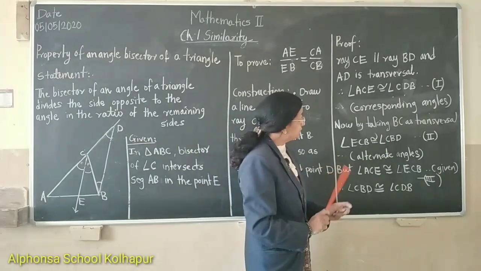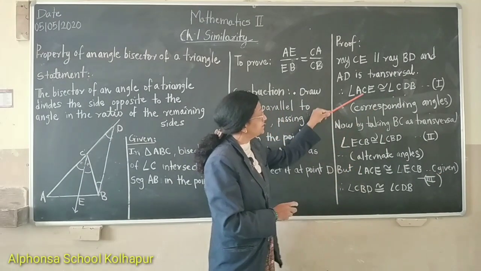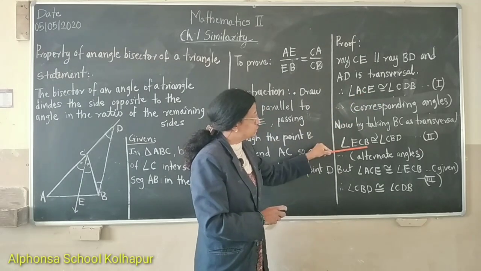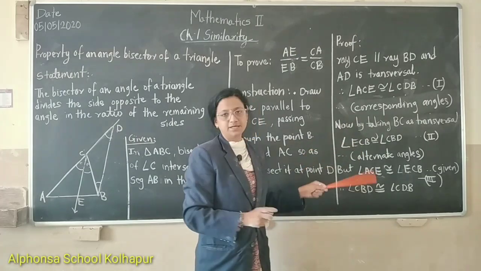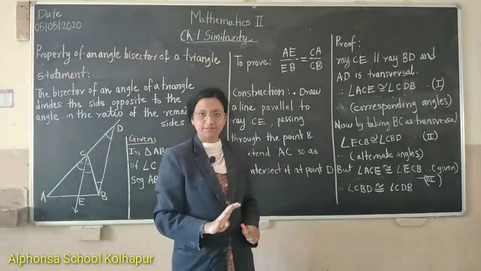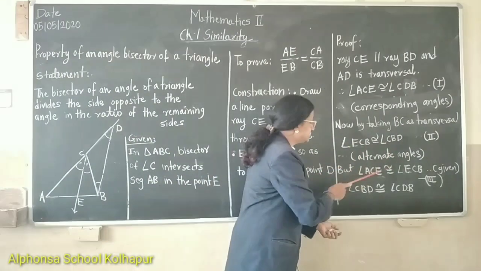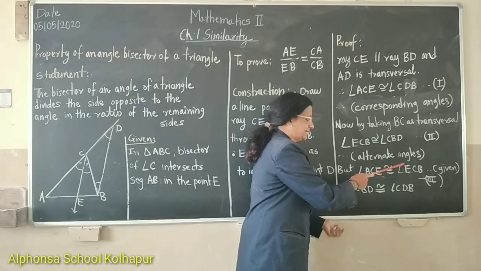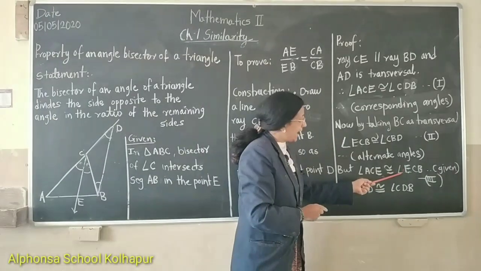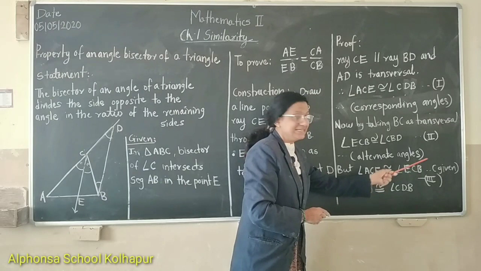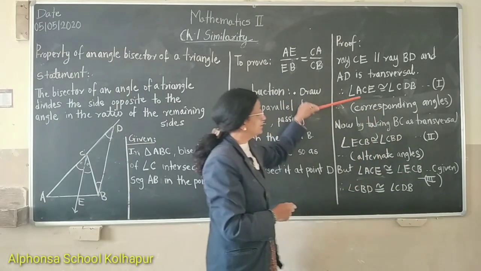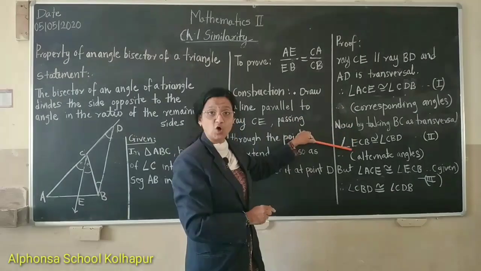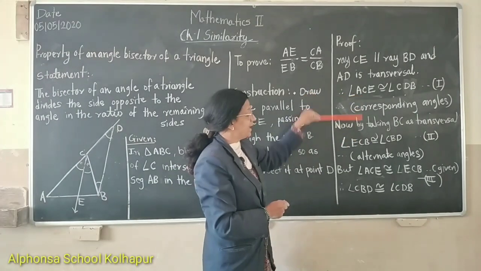Now, see dear students, we have written here three statements, 1, 2 and 3. Now see, statements first, second and third we are going to combine. In the third statement we are saying ACE is congruent to angle ECB. This ACE and ECB are the left hand sides of equations 1 and 2.